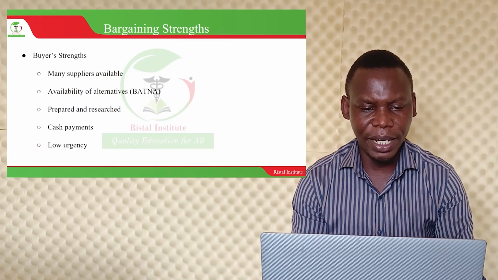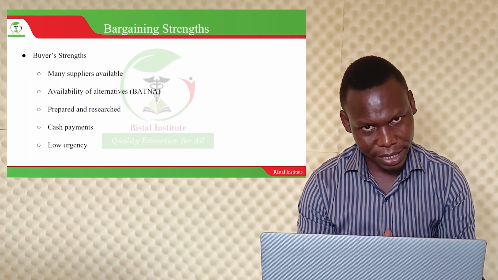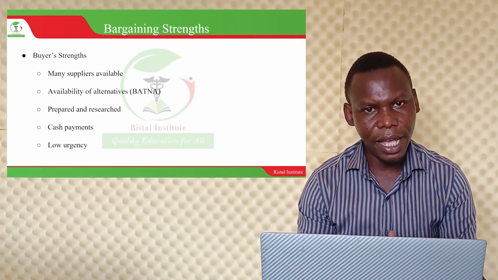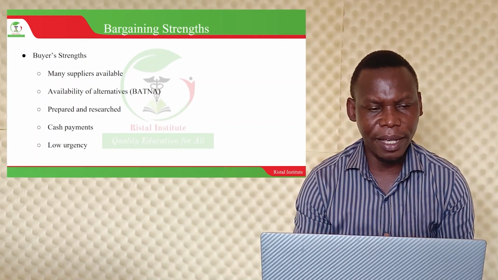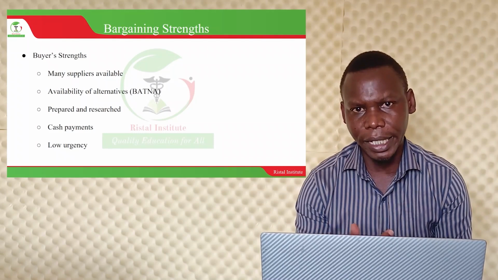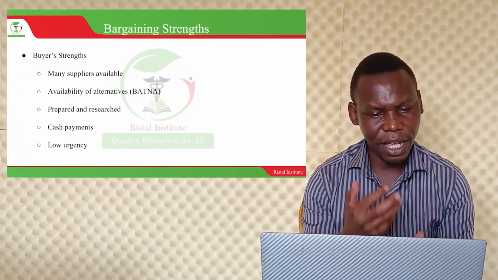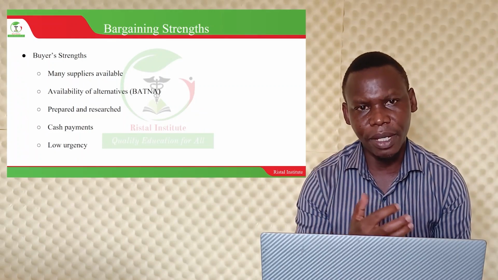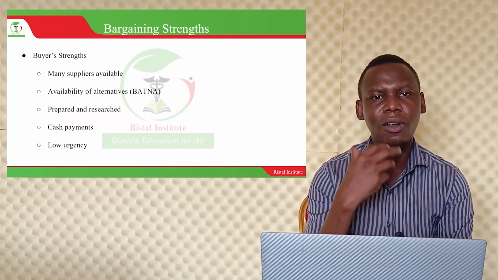So the first determinant is the number of suppliers available in the market for that product. When there are many, then from there you have strength. Let's give an example. You are bargaining with MTN, for example. You have more strength as a buyer to bargain because we have competitors of MTN who may offer a low price.